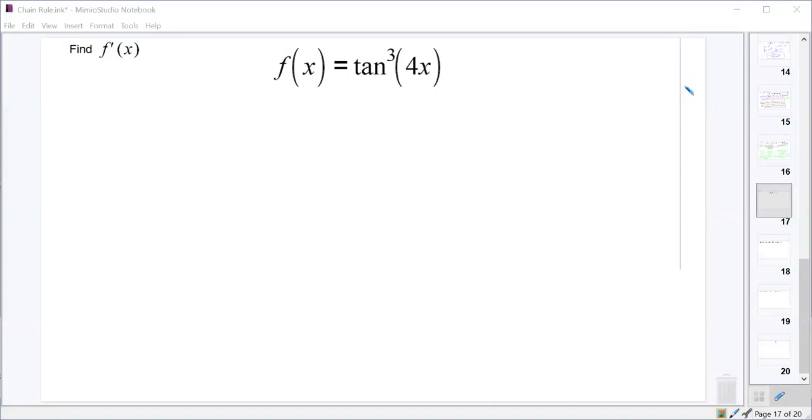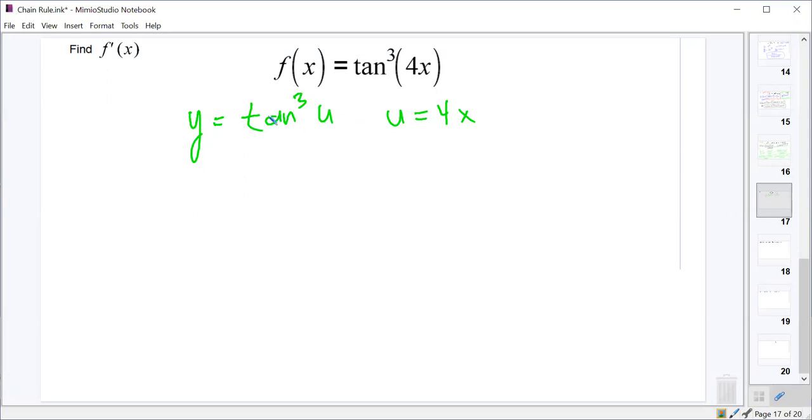So what's the outermost function of this? Tangent cubed. Right, it's tangent cubed of this 4x. So if we were to do this, tangent cubed u, with u equal to 4x, what's the issue?